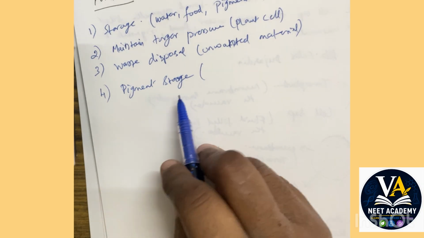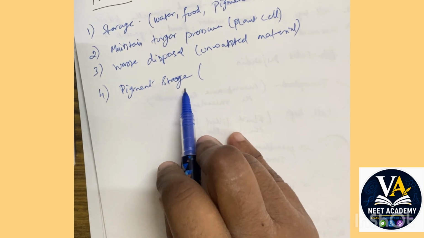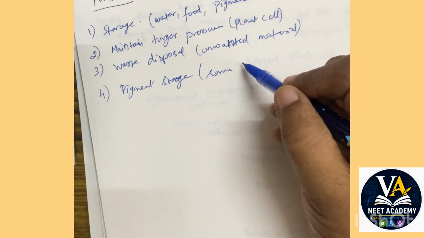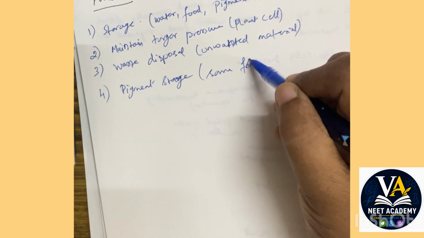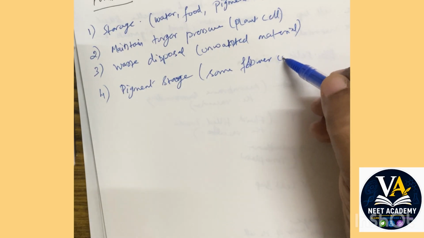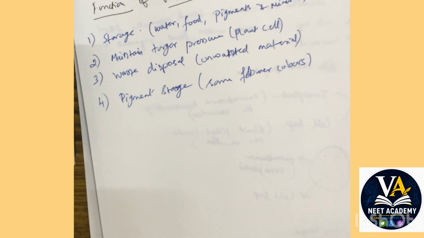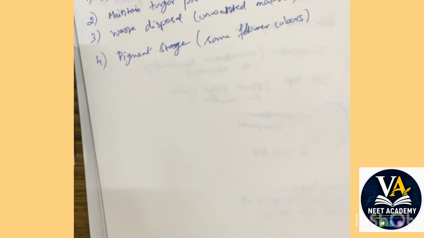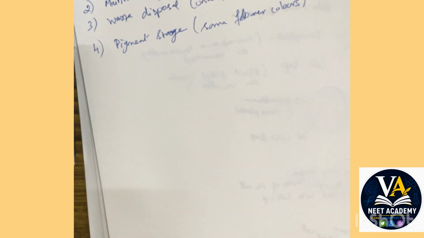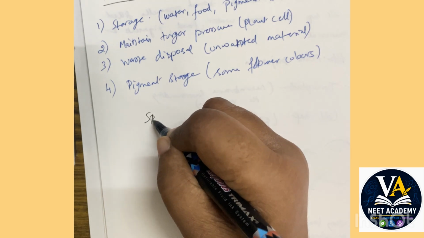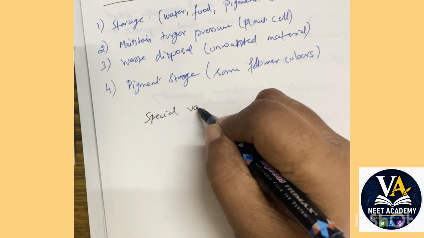Now here some of the vacuoles store the pigment as well, and hence some flower colors are due to the vacuoles in the plants. Clear?